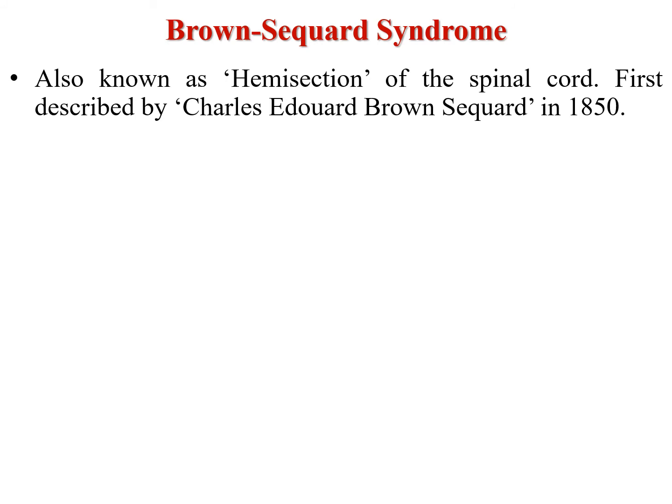Brown-Sequard syndrome is also known as hemisection of the spinal cord. It was first described by Charles Edward Brown-Sequard in 1850 while studying spinal cord injuries of agricultural workers in sugarcane plantations in Mauritius.